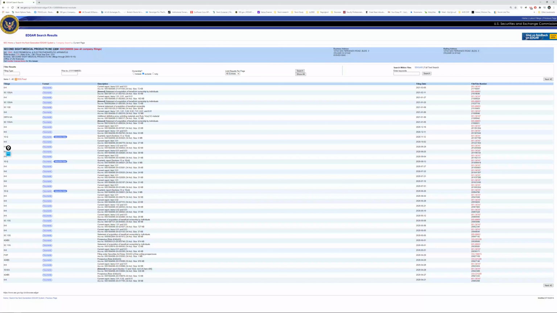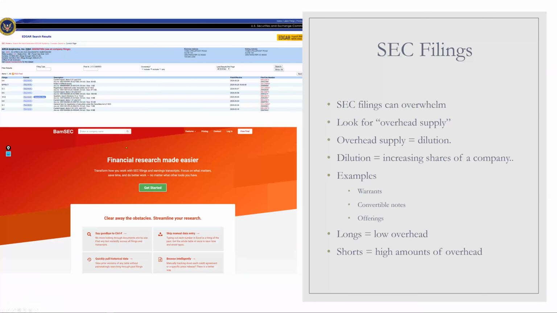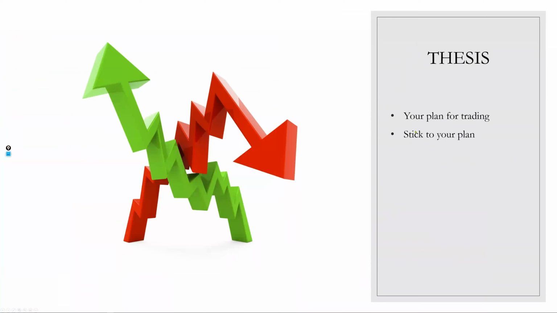You can also use something called BAMSEC. It's easier to search through. It's easier to find. If you're big into this and you get used to reading these things, you're going to want to use BAMSEC. I use both, but BAMSEC's just easier to search. And then you create your thesis, right? Always leave room to be wrong. Maybe eyes has overhead that I missed. You know what I mean? Maybe we don't get the volume that we need, right? But you create your thesis and stick to your plan.